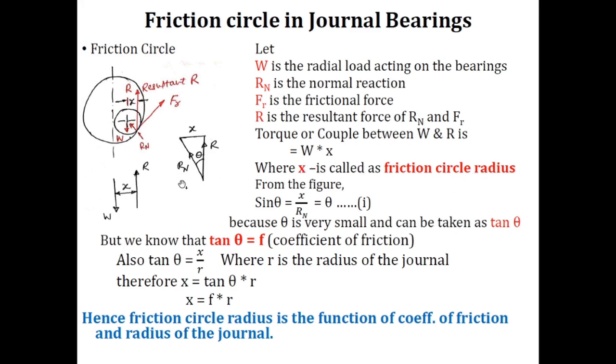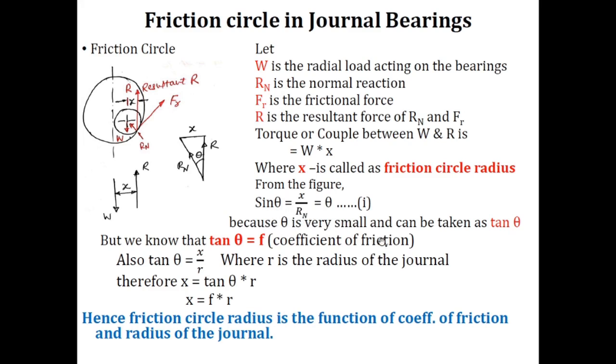From this figure, we can write sin theta is equal to X upon Rn. This is Rn, but this theta is very small. Therefore, taking that, sin theta is equal to theta. Again, as this theta is very small, if you take the value of tan theta, it again becomes very small.